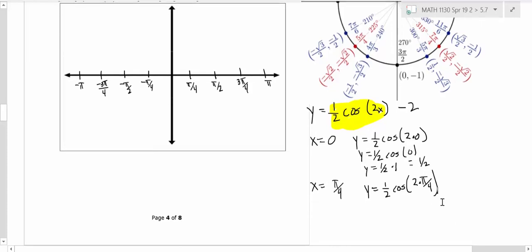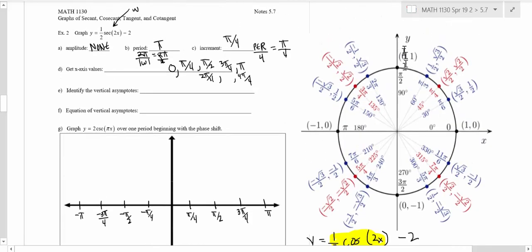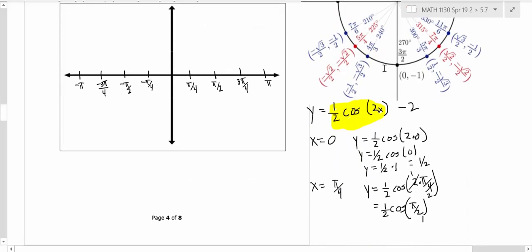Okay, so that's going to be 1/2 cosine, and the 2 over 4 reduces to pi over 2. Okay, look at my unit circle. What's the cosine of pi over 2 on the unit circle? That's 0, right? Okay, so you end up getting 1/2 times 0, so you get 0.